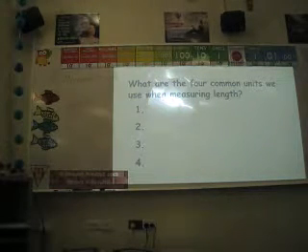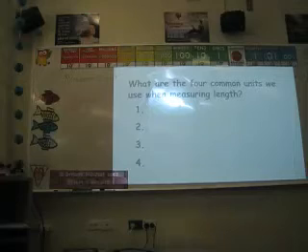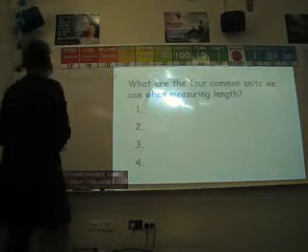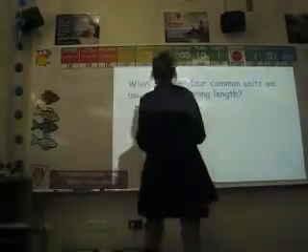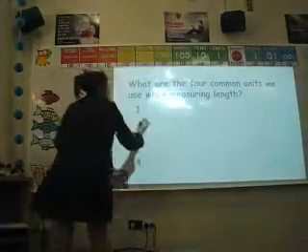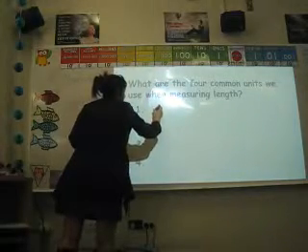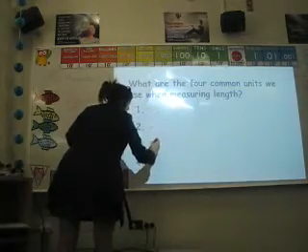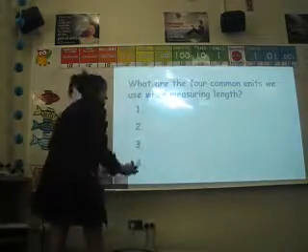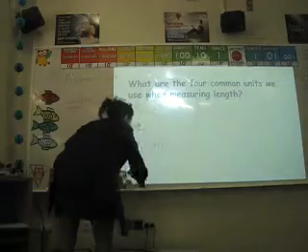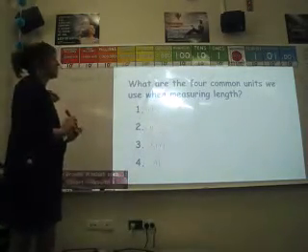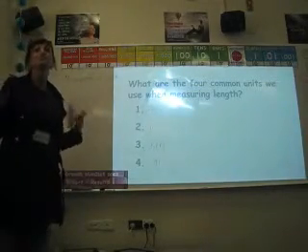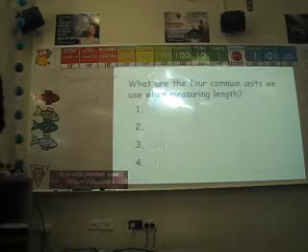So what were the 4 that Holly had given us? If someone had listened to Holly. Charlotte. Centimeters, millimeters, kilometers, and meters. Beautiful. Now, what order do they go in? If it was from the biggest to the smallest, what would it be?